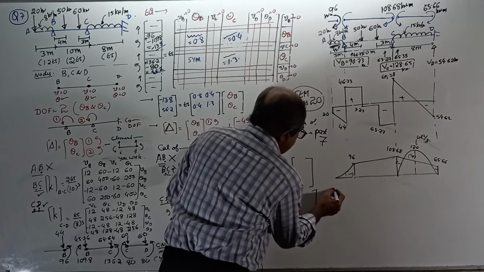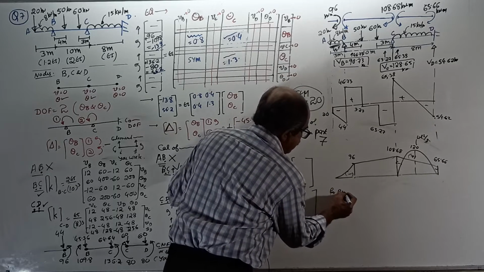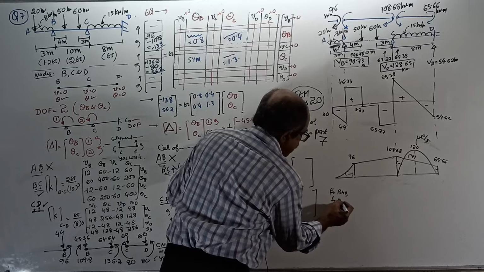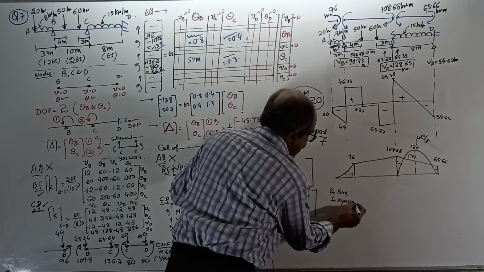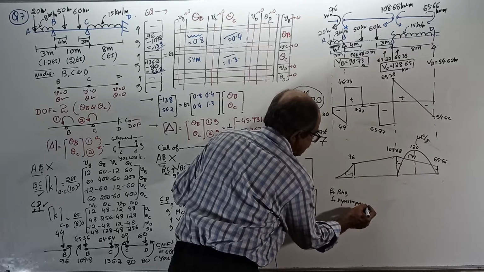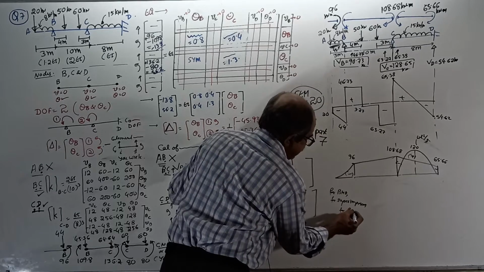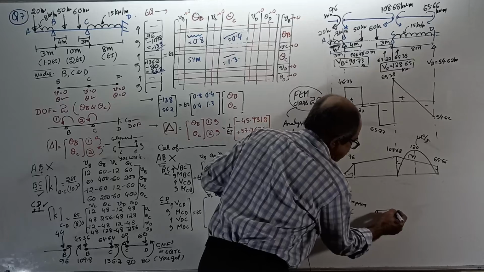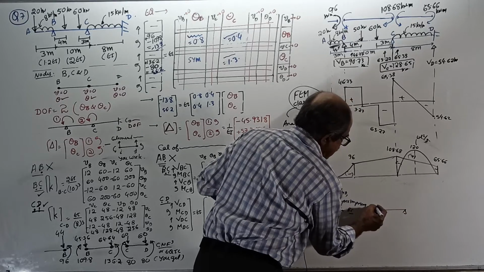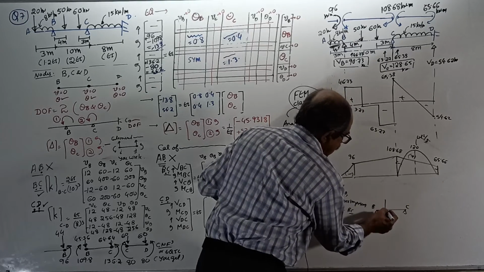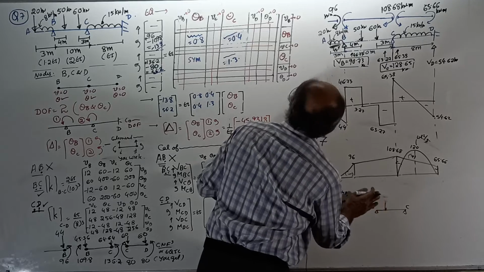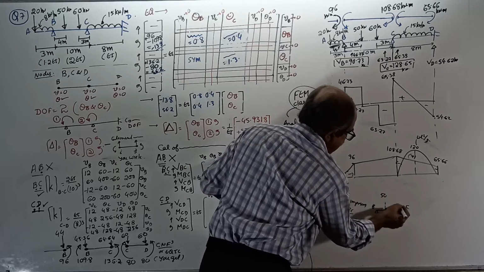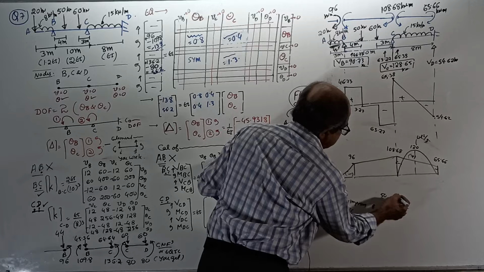Therefore, for BMD, for superimposing, make a note. For superimposing purpose, for the span BC, what do you have to do? You consider BC as a simply supported beam, not moments. One load of 60 here, 50 here, 150 here and 160 here.